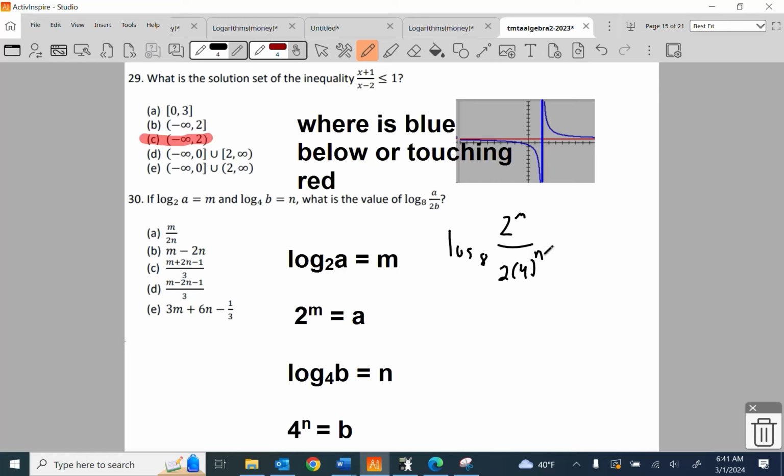All right. Now what can I do with that? I can break apart division, can't I? I have log base 8 of 2 to the m minus log base 8 of 2. That's just horrible looking.